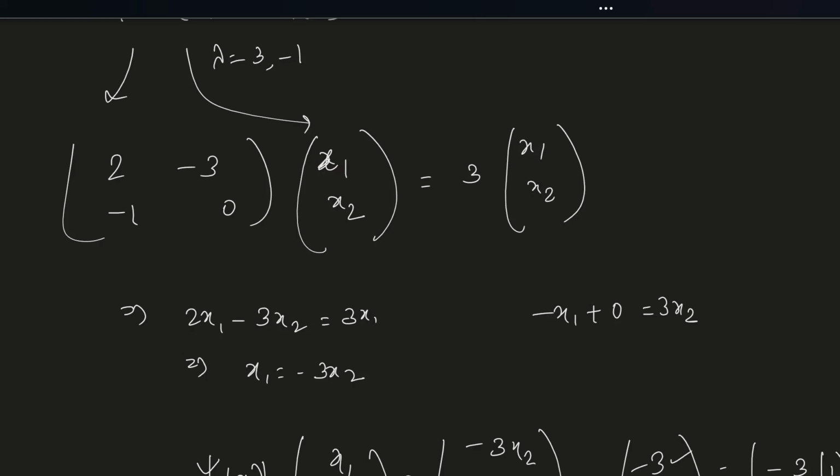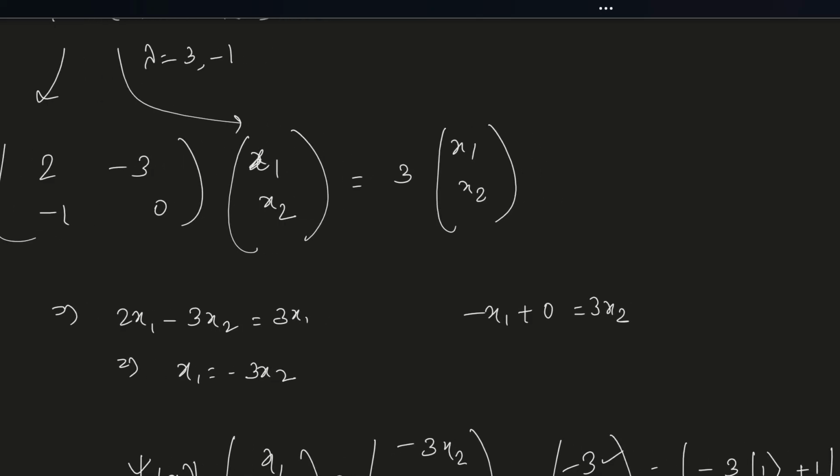So the normalization constant A is equal to 1 by root over of minus 3 squared, which is 9, plus 1 squared, which is 10. So this is 1 by root 10. The eigenvector for eigenvalue lambda equal to 3 is 1 by root 10 times minus 3 |1> plus |2>. So this is your one answer.